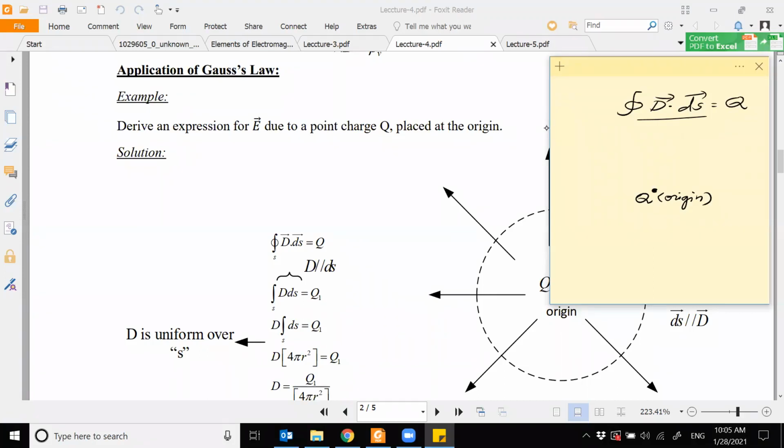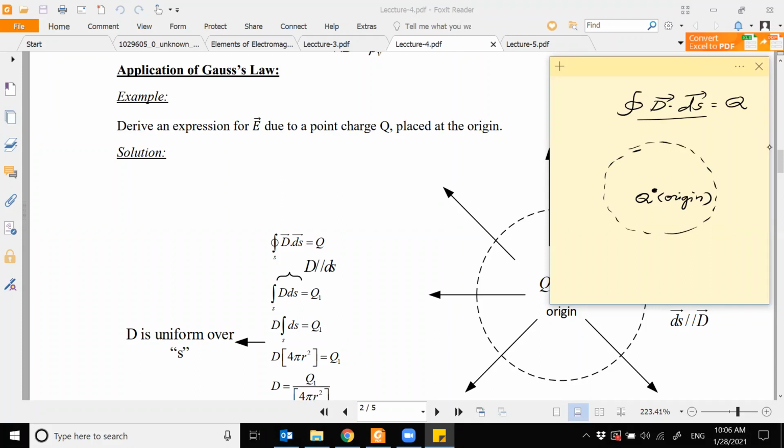You can take any shape of closed surface, and that surface is called the Gaussian surface. Then we apply Gauss's law on that Gaussian surface. If it is a point charge, we have a little bit of experience that the electric field will be radial, so it's better to enclose it in a spherical shell.